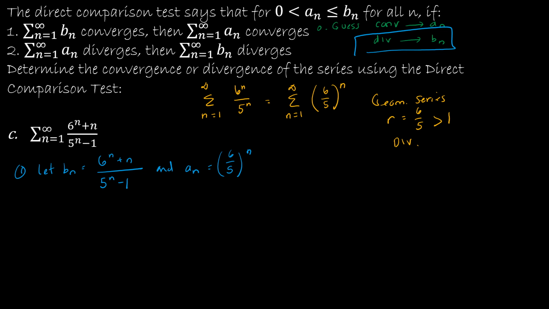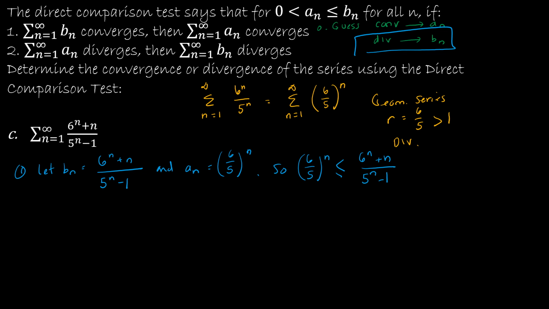And I have to show that a sub n, 6/5 to the n, is less than or equal to 6 to the n plus n over 5 to the n minus 1. And again, it's not completely obvious from the beginning, so let's take a term-by-term comparison.